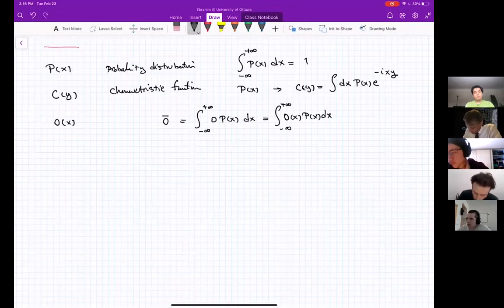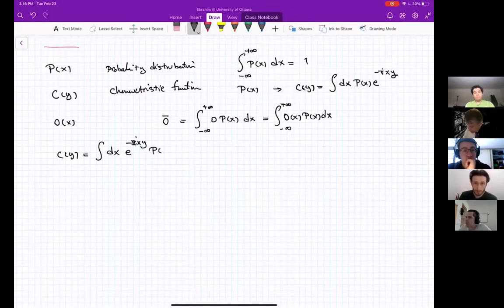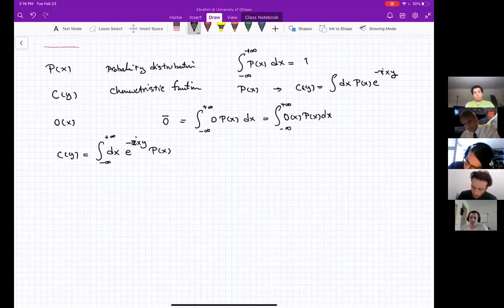Okay. Can someone explain to me that C(y) essentially is the integral of dx e to the power of minus ixy P(x), all right? What is this characteristic function? Look at these two, compare this equation and that equation.